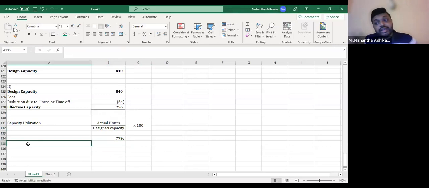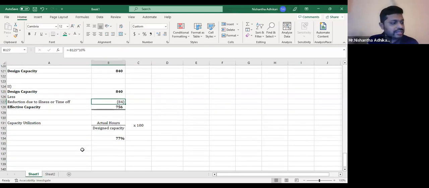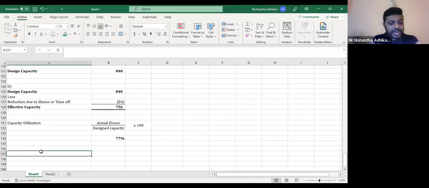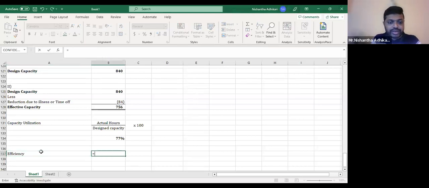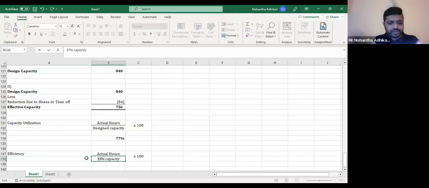If you are going to calculate the efficiency, normal time off you have to consider as inherent. For efficiency, you take the same formula, but actual hours should be divided not by design capacity but by the effective capacity.